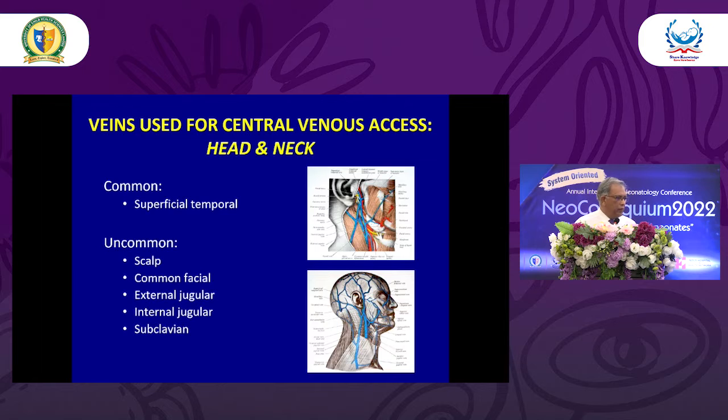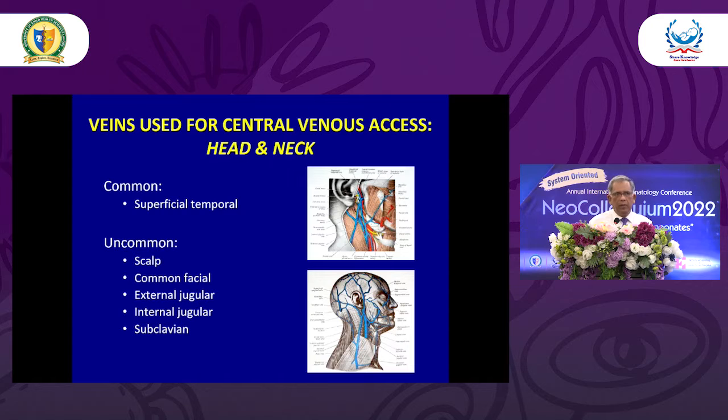Other veins used for central venous access are in the head and neck. Commonly, the superficial temporal vein is used, but other scalp veins can also be used, like the common facial, external or internal jugular.